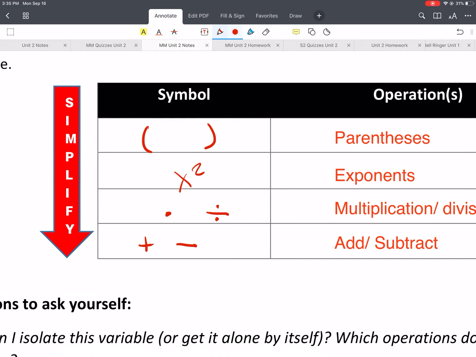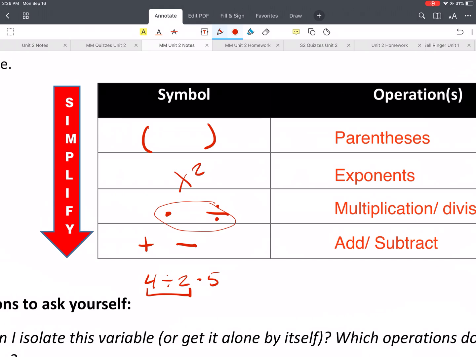We'd start with parentheses, then exponents, and then multiplication and division. Remember, these are always a pair. So if I did a problem like 4 divided by 2 times 5, we would need to do division first because it comes first, and then we would multiply.